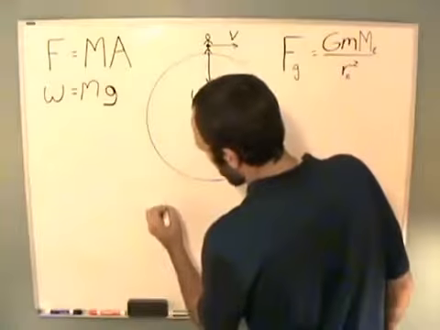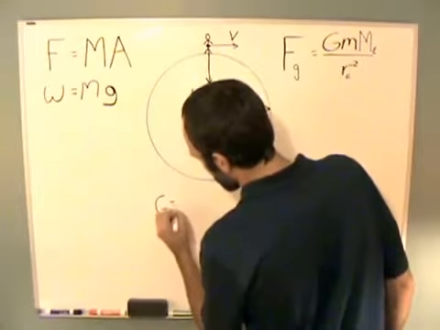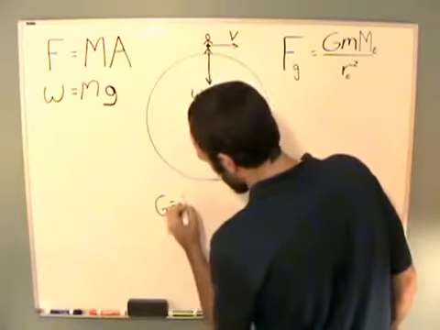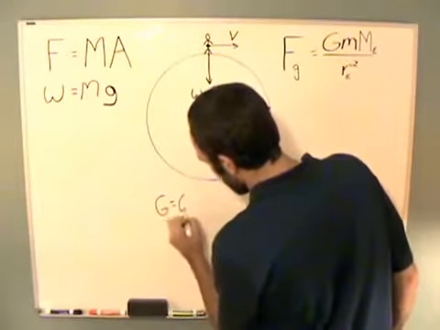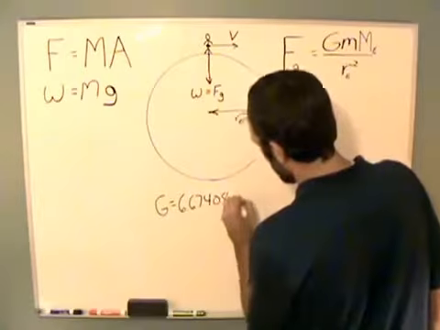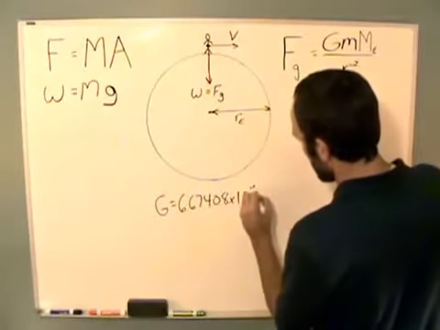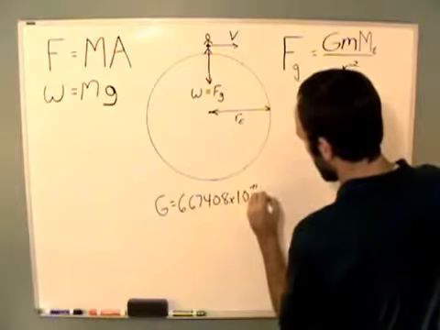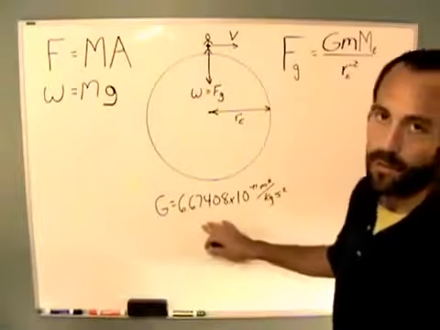Okay? So he calculated it to be the value that we're still using, which is 6.67408 times 10 to the negative 11 meters cubed over kilograms times seconds squared. Okay? He determined that from that experiment.